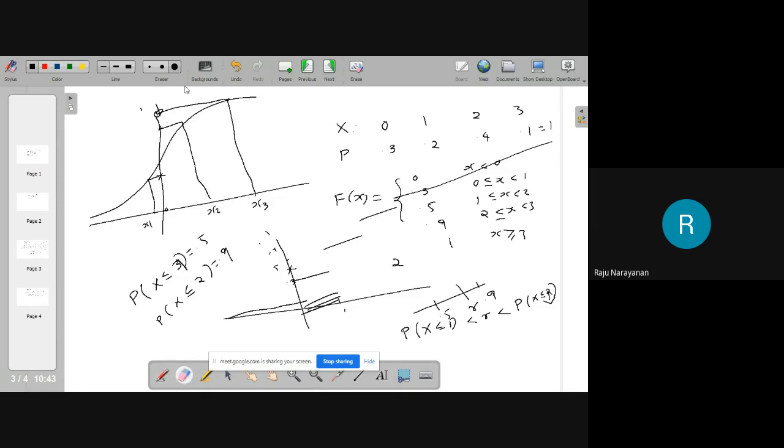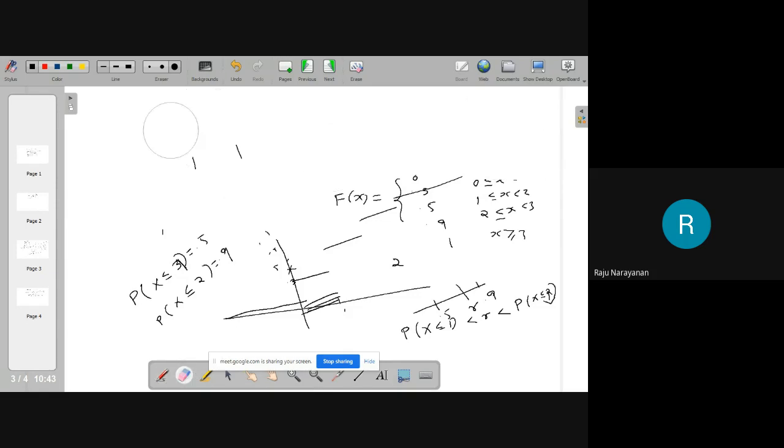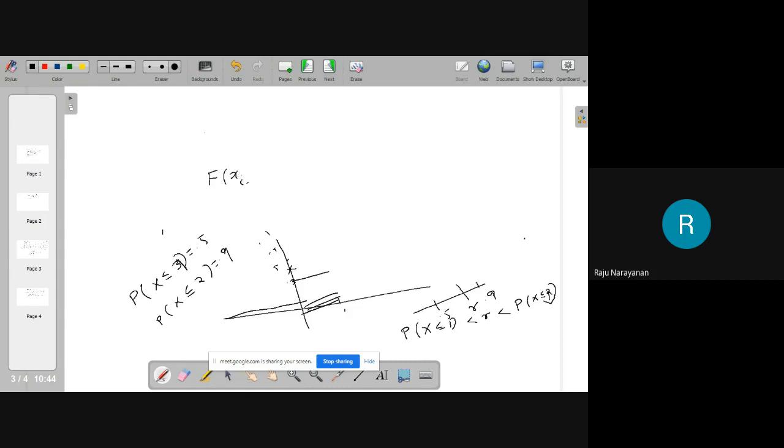In general, if F of x_i minus 1 is less than r, less than or equal to F of x_i, we take the random number as x_i.